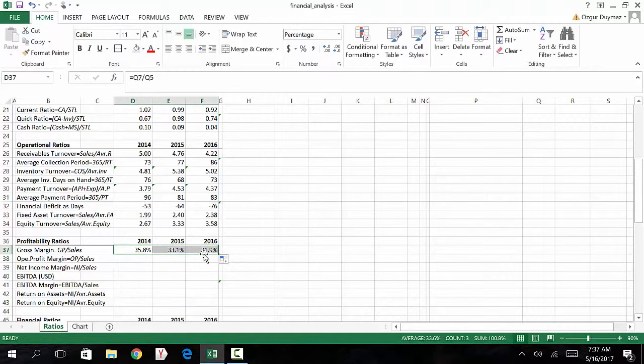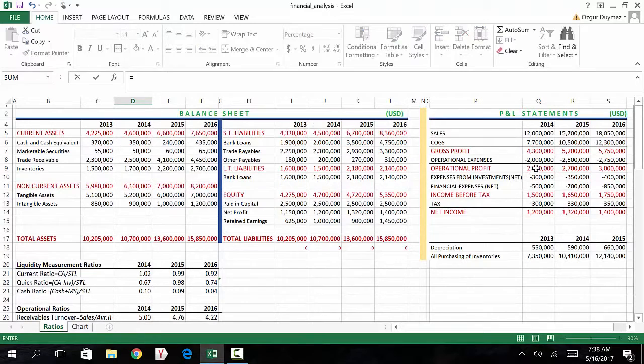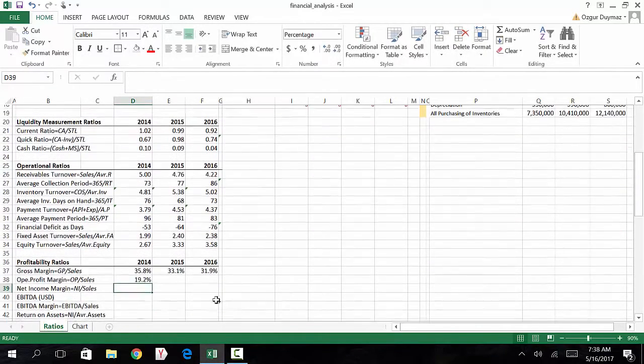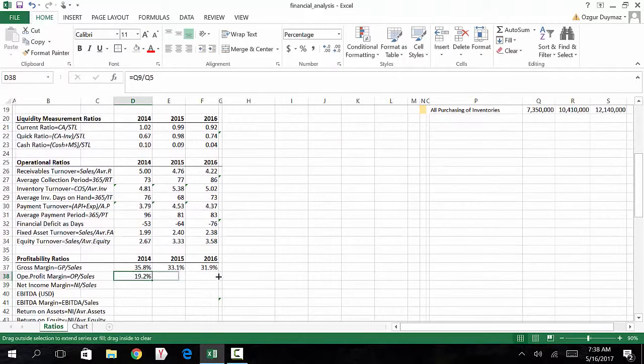It's decreasing. Operational profit margin, operational profit divided by sales. It is again declining. Net income margin, net income divided by sales.